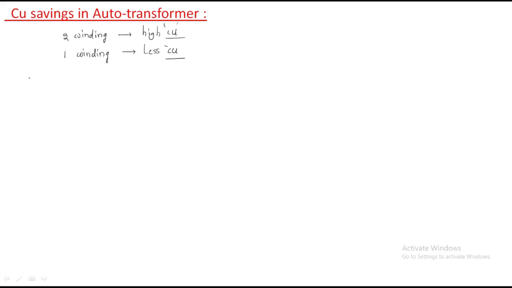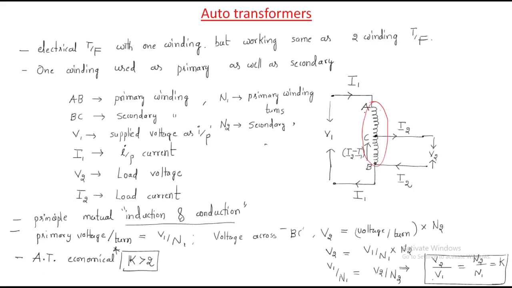So generally the weight of the copper we can write like this: number of turns into current. The weight of the copper depends simply on the number of turns into current. So what is the weight of the copper for the AC portion? Look here, this is the AC portion.